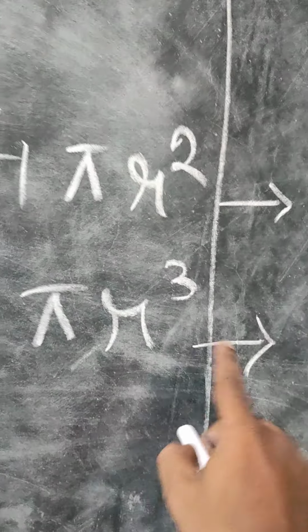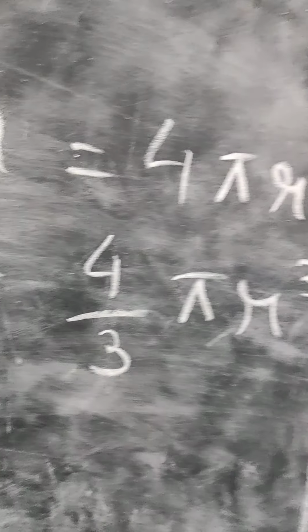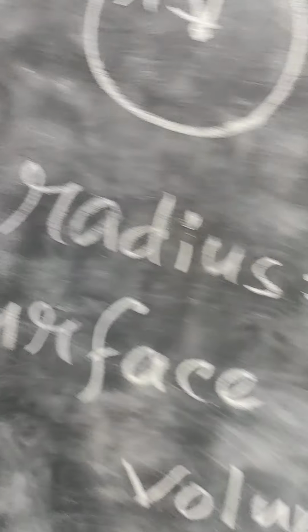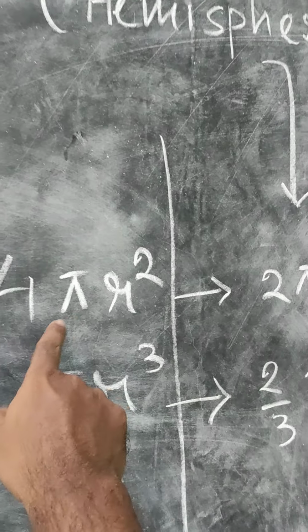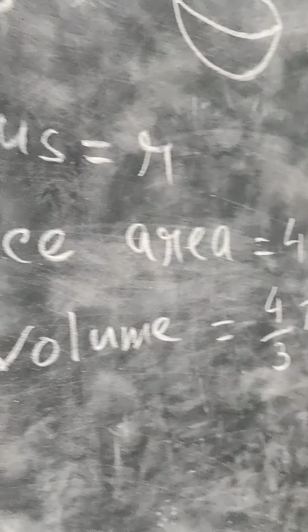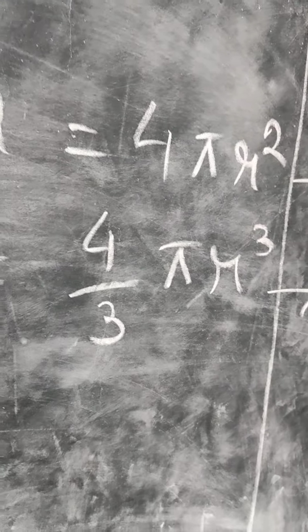That means meter cube or centimeter cube, like that. So the curved surface area is 4 pi r square, square unit, and the volume is 4 by 3 pi r cube, cubic unit.